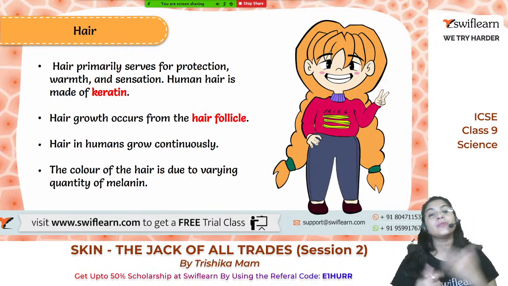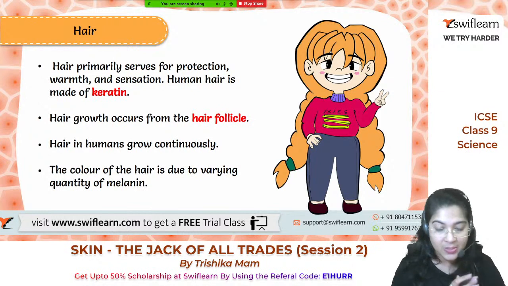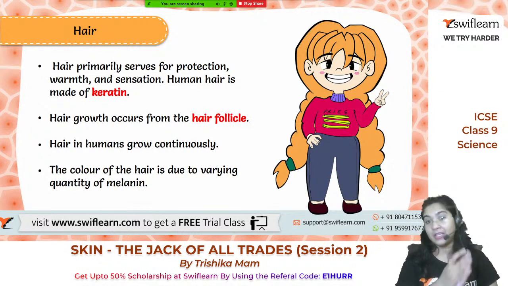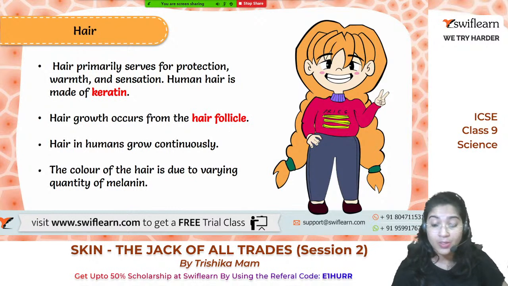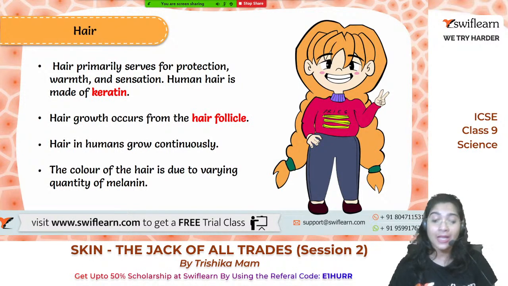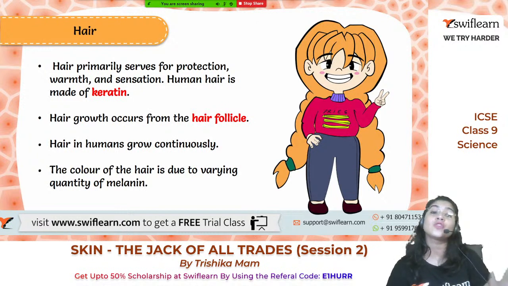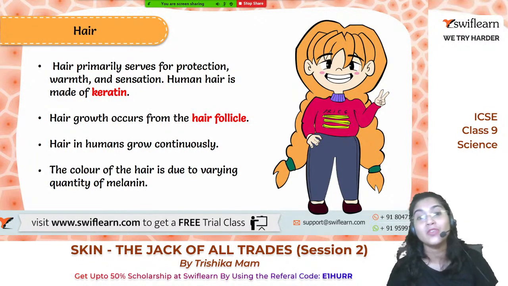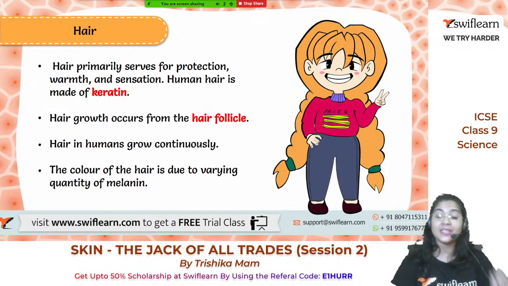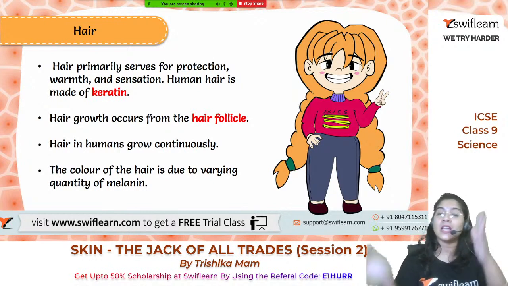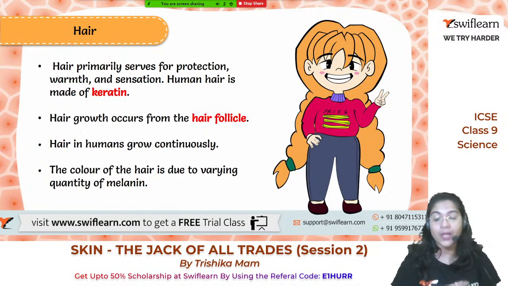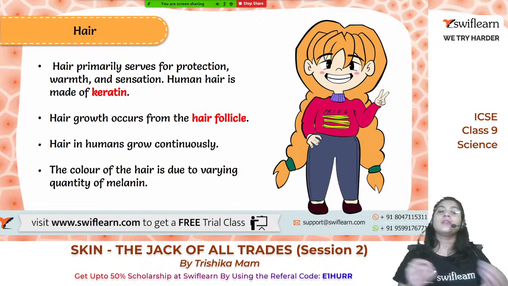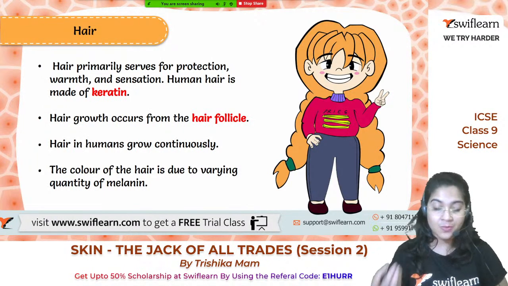So continuously this growth of the hair takes place, and the color of the hair, why is it black, or sometimes golden brown also? How is it determined? It is determined by the presence of the pigment known as melanin. तो मेलानिन पिगमेंट होने के लिए जहां ज्यादा मेलानिन होगा तो डेफिनेटली हेयर ब्लैक कलर का होगा, and where melanin is less, definitely it will be golden brownish in color.